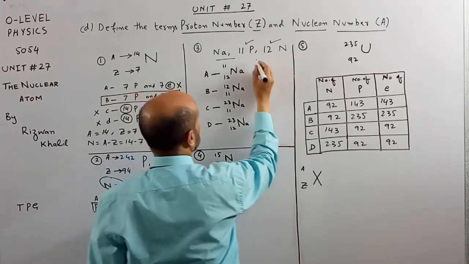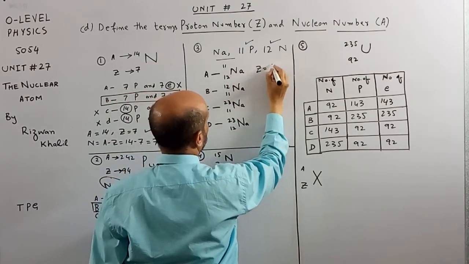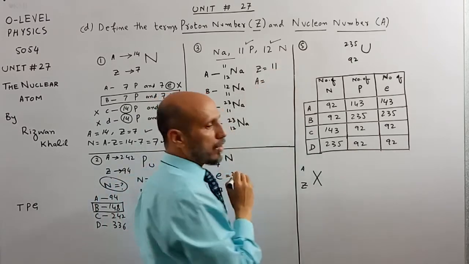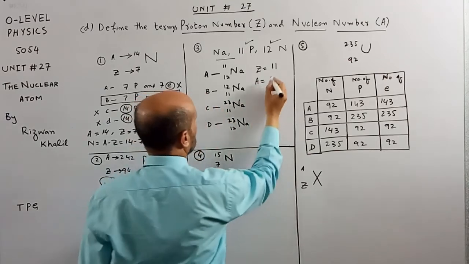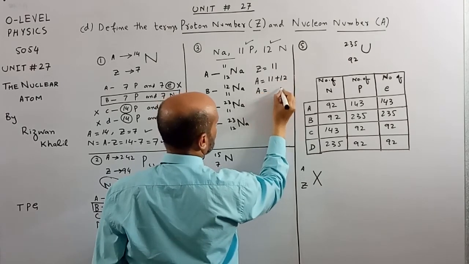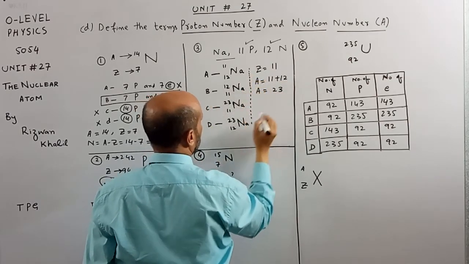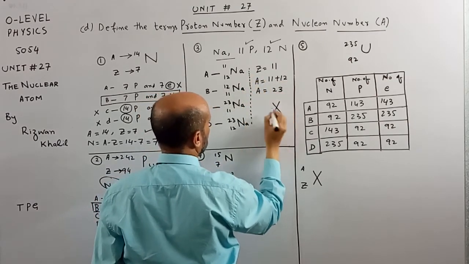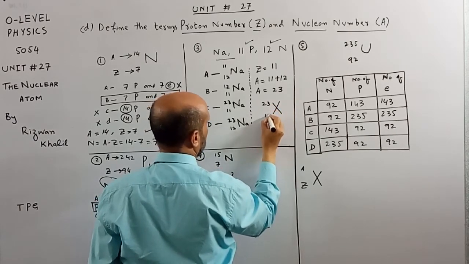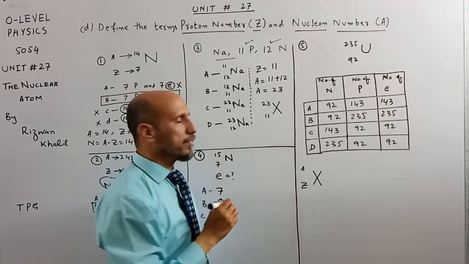Definitely the value of Z, the number of protons, is 11, and capital A, the number of protons plus the number of neutrons, is 11 plus 12, which is 23. So we make this equation: X, value of A is 23, value of Z is 11. Which option is now the correct option? Option C.